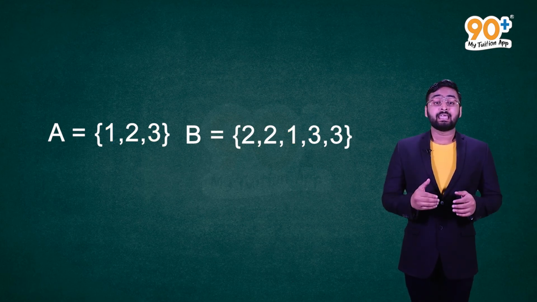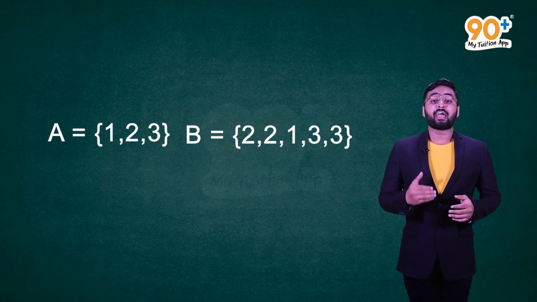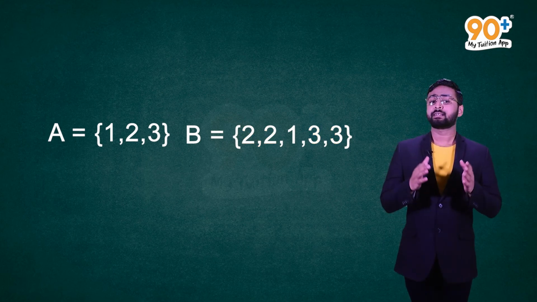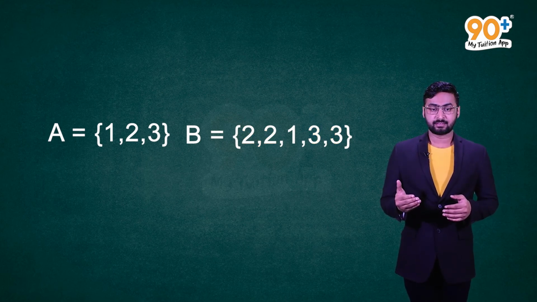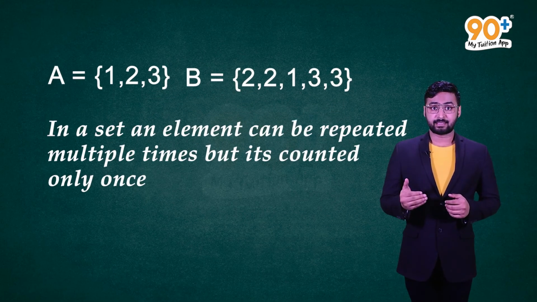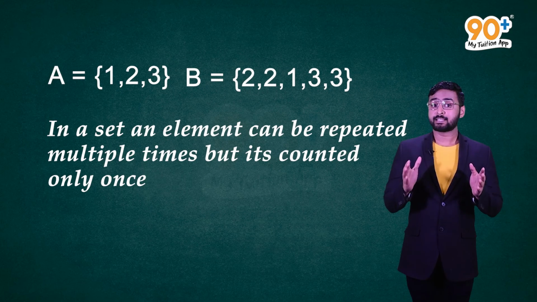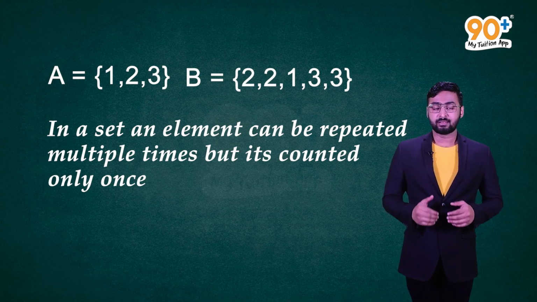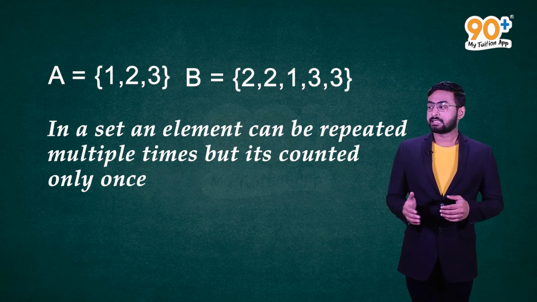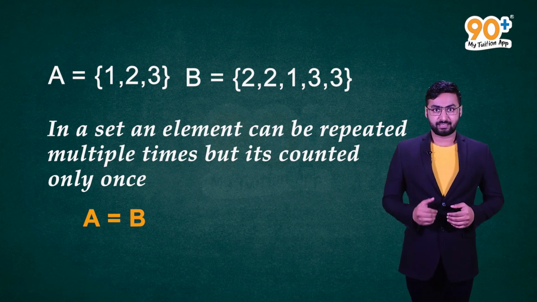But in set B, element 2 and 3 have been repeated. But does it make any difference? No. In a set, an element can be repeated multiple times, but it is counted only once. So here we can write A is equal to B.